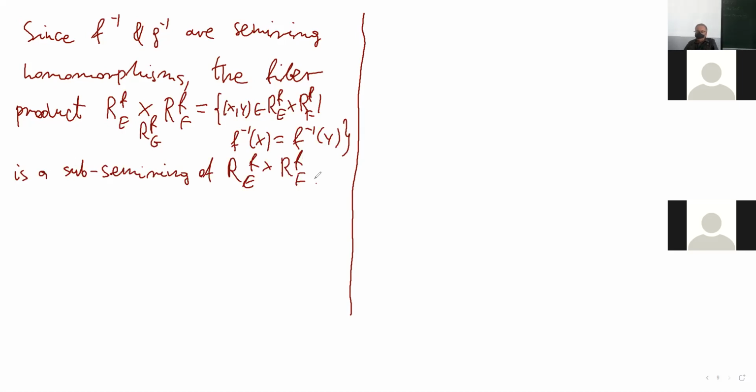Okay, so now if you look at these canonical maps, they are slot projections. So of course, slot projections are semi-ring homomorphisms. And if you restrict the domain of a semi-ring homomorphism to a sub-semi-ring, of course it will be a semi-ring homomorphism, okay?